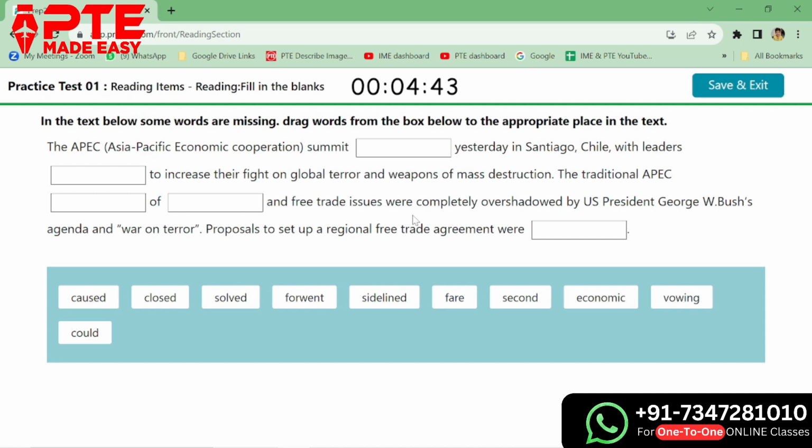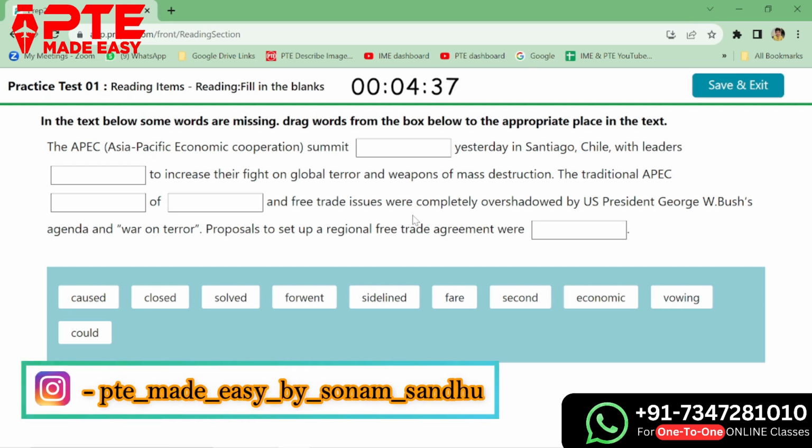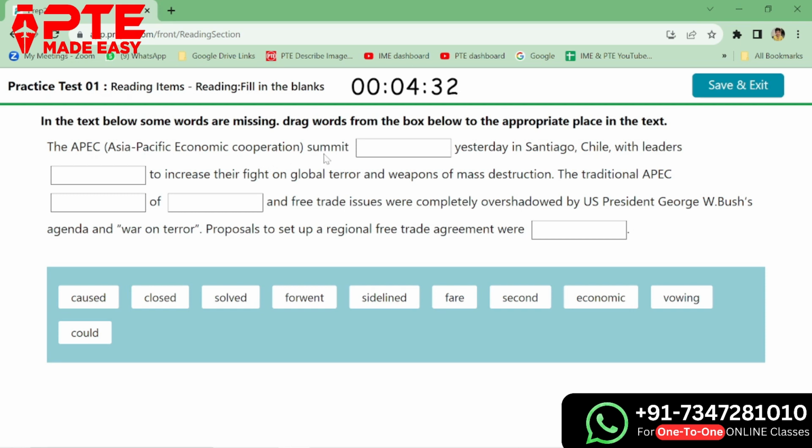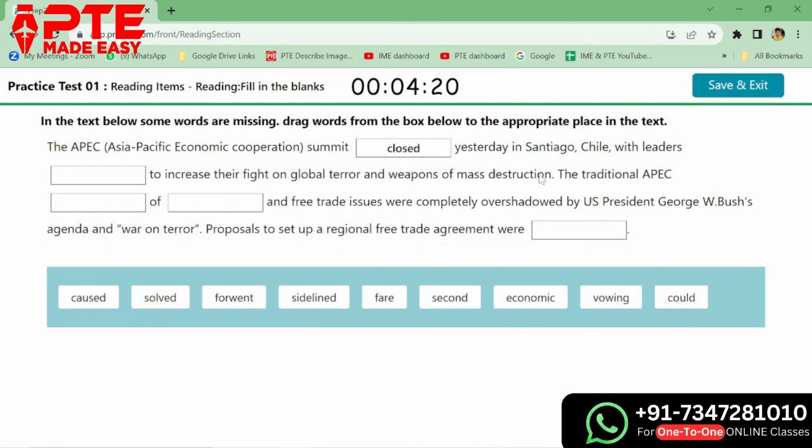So, what is going to come here? We need to understand it properly in order to decide which particular answer is going to come here. So, dash as in some verb is going to come: caused, closed, solved, forwent, sideline, fair, second, economic, going, could. So, closed is the closest one.